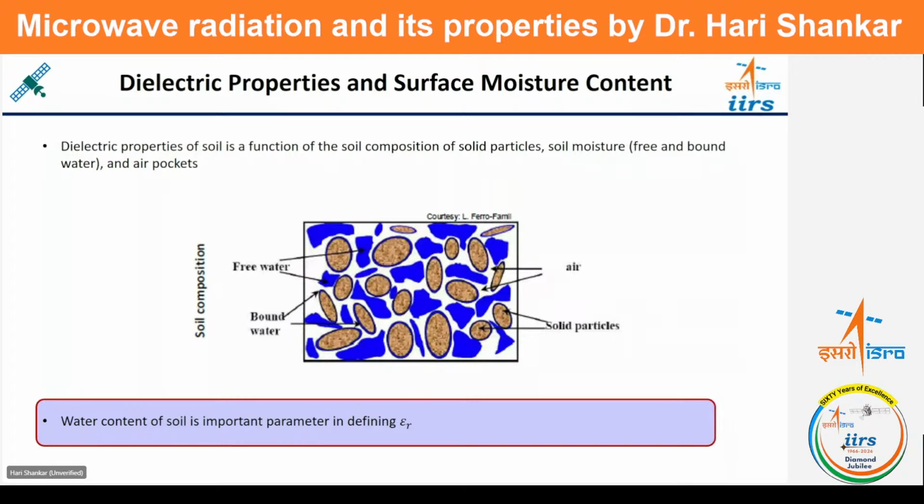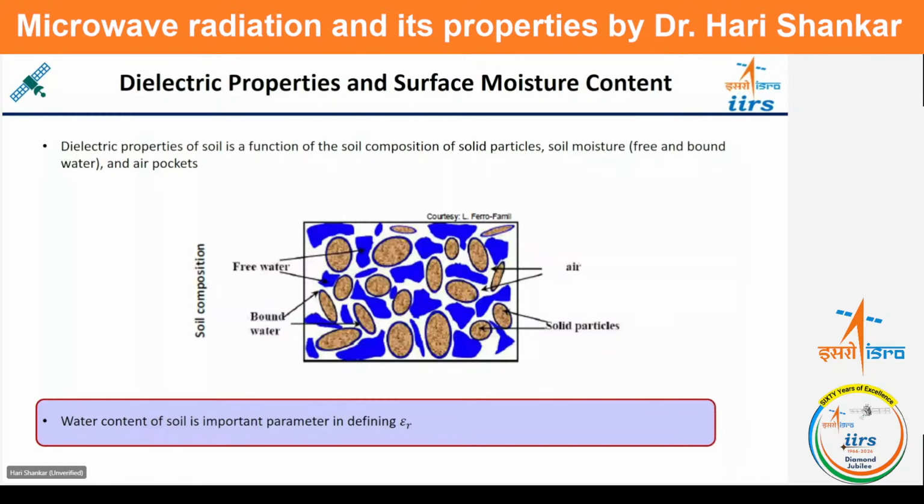Soil moisture is another important study. In the soil, some soil particles are there, in between some air space is there, and some water content is also there. As the water content increases, the dielectric properties of the soil increase, or you can say epsilon is increasing. From the microwave signals, you can extract those epsilons very easily and investigate the soil moisture content over the target.